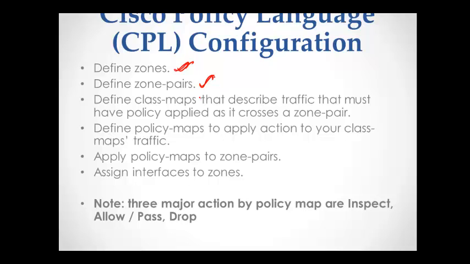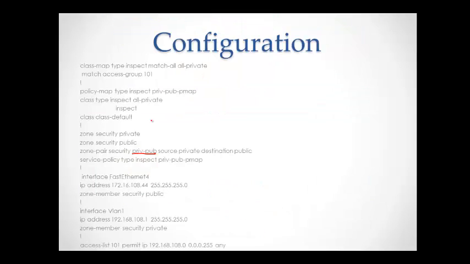Next is, we have some traffic to match. Say for example, telnet should be allowed. Where do you specify that? Under a class map, like this. Class map type inspect, and then private to public.